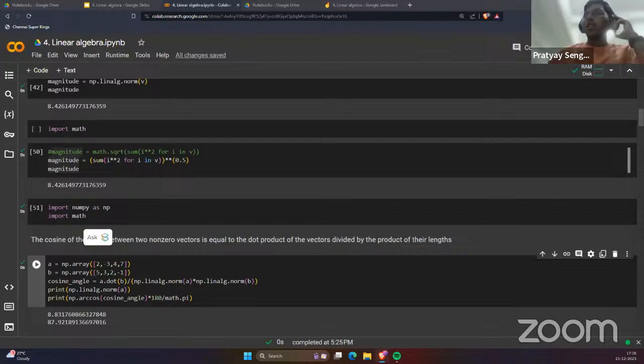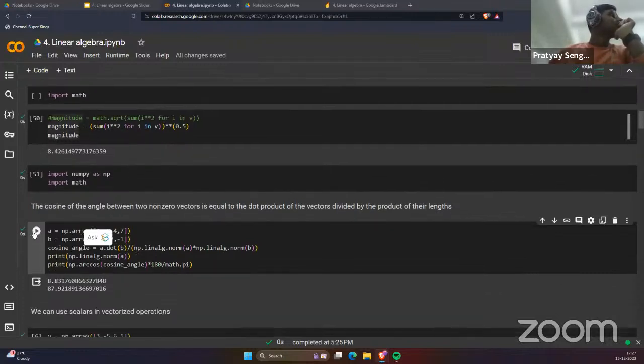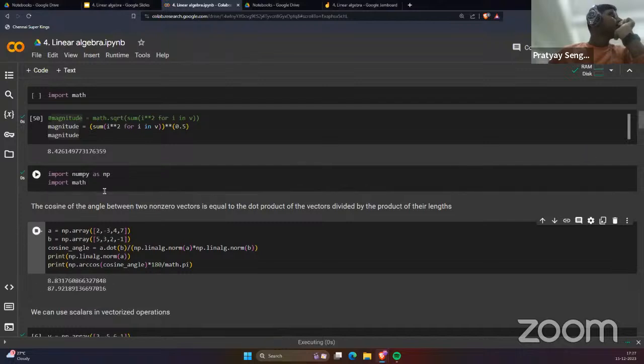Can anyone tell me the angle or type in the chat? So if you do this, this will come to 87, 88 degrees between them. So you can just change these values here and do that.